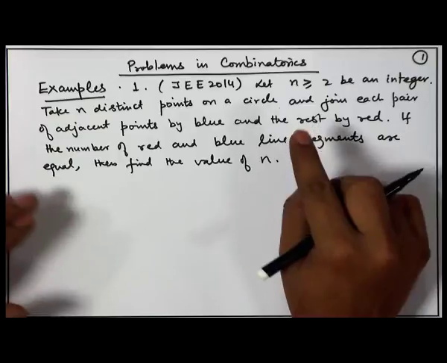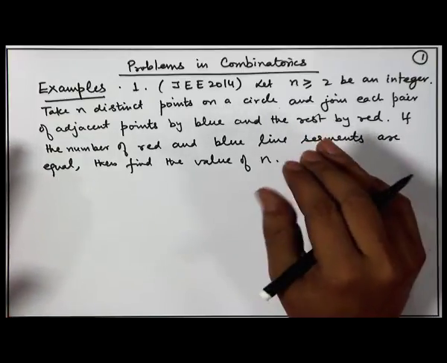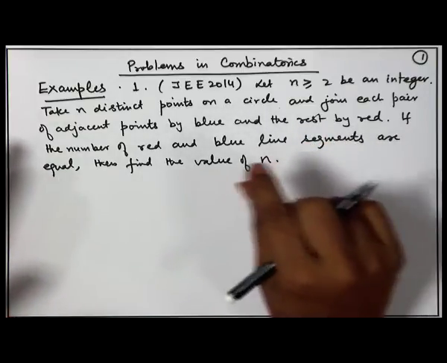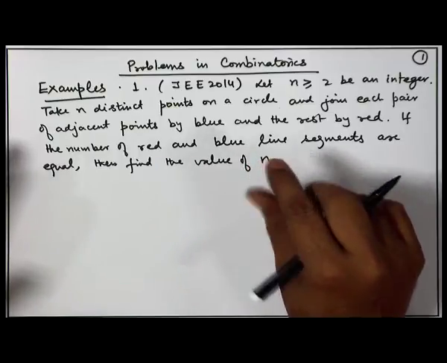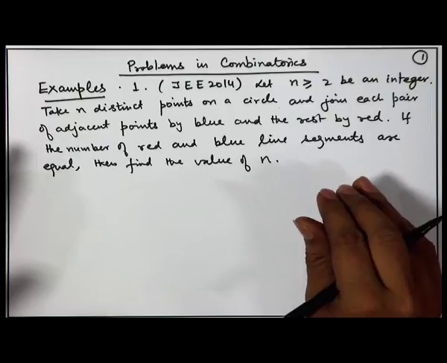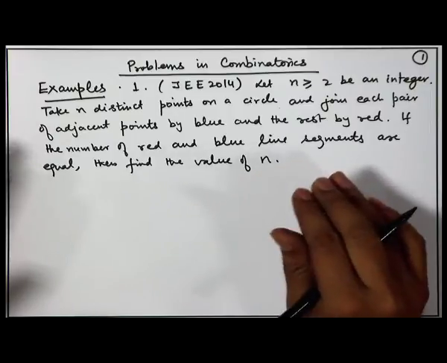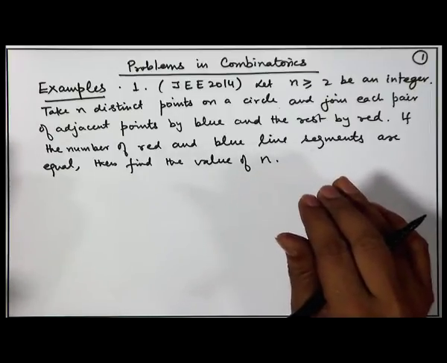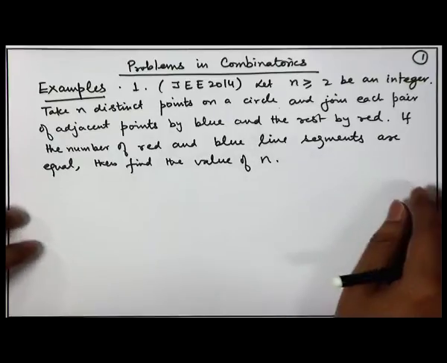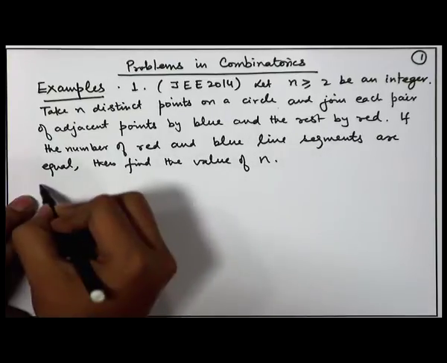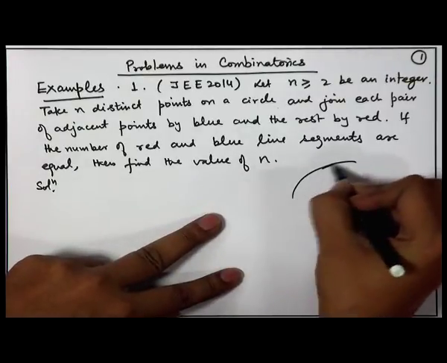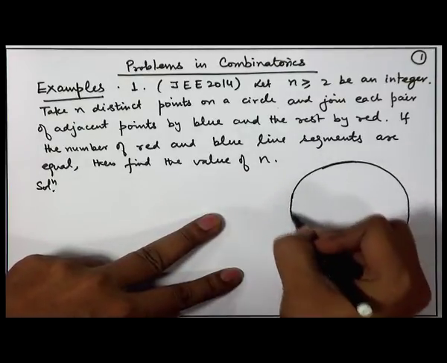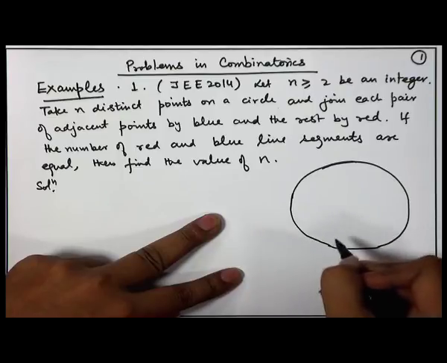We take n distinct points on a circle and the adjacent pair of points we join by blue line segment and the remaining one we join by red. And suppose these red and blue line segments are same in number, then what is the value of n? Let me describe through a diagram. So, suppose we consider a circle and there are points on it.